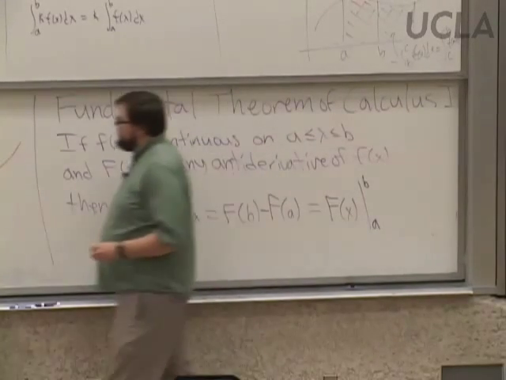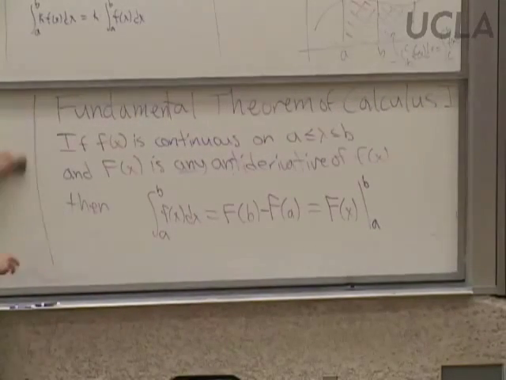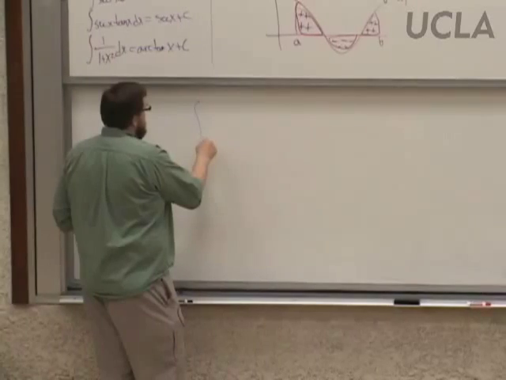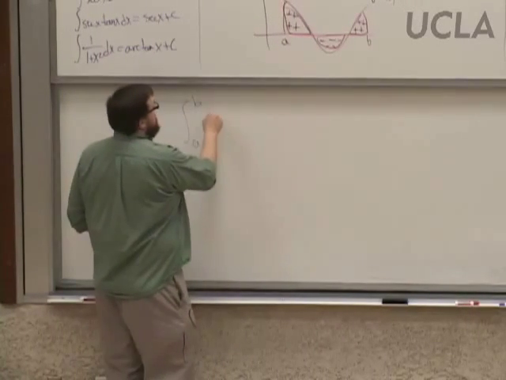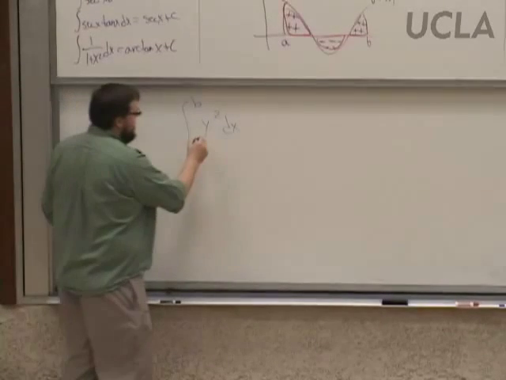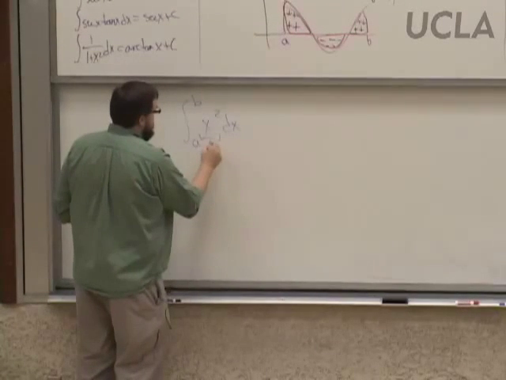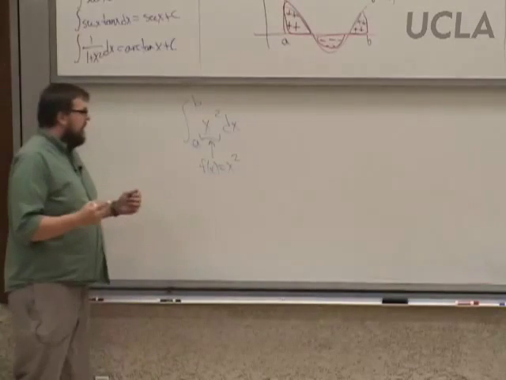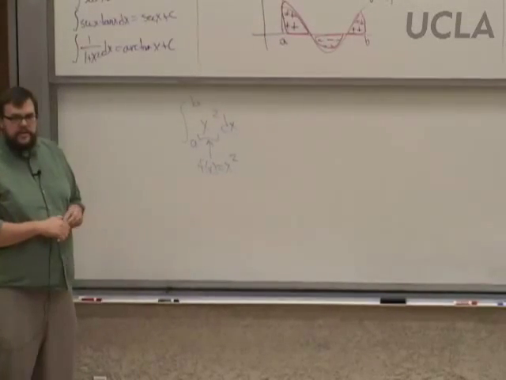So let's see how easy this makes some of our problems. For instance, we spent a lot of time doing the integral from a to b of x squared dx. Let's see how fast we can do it now. So here, this is our f of x. And we say, OK, what's an antiderivative of x squared?